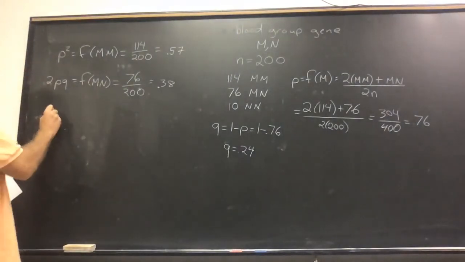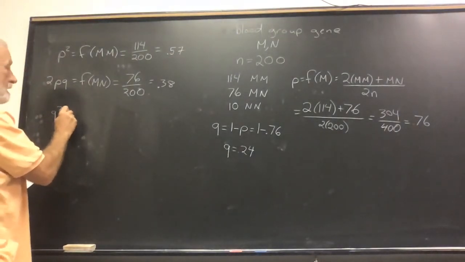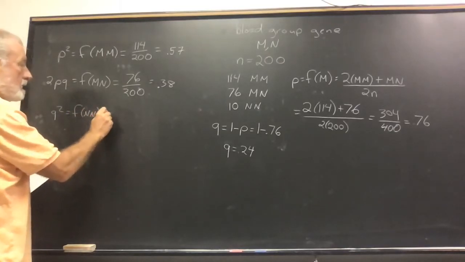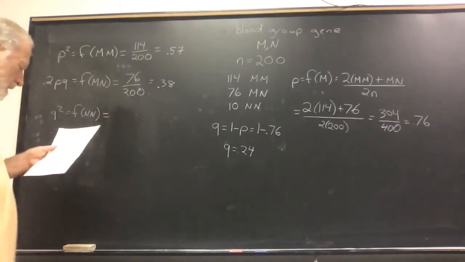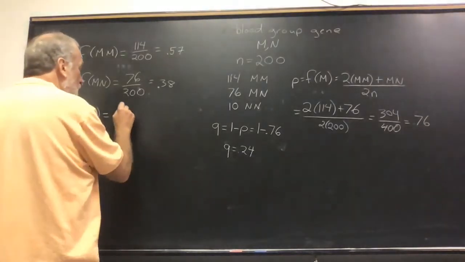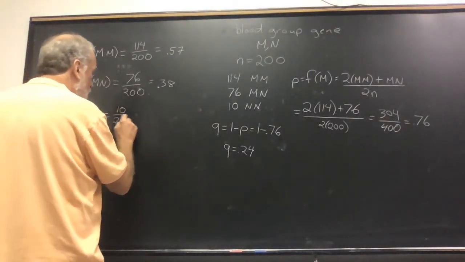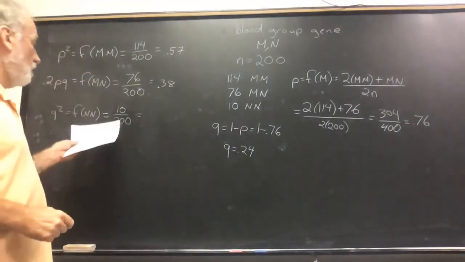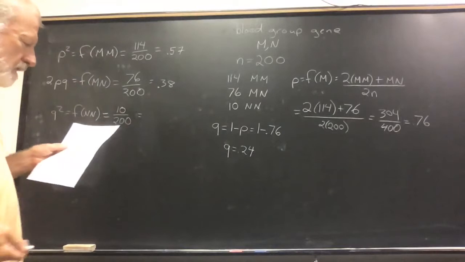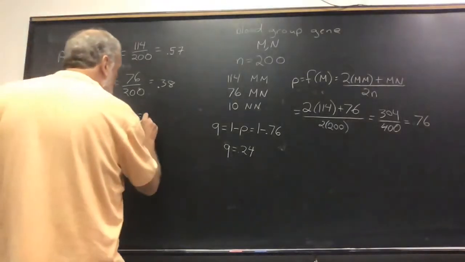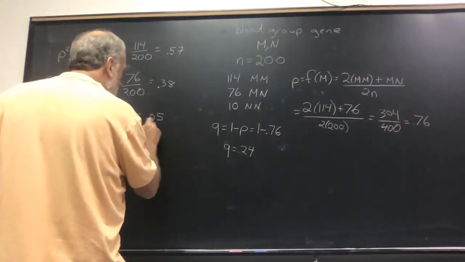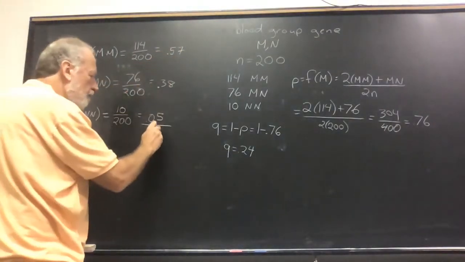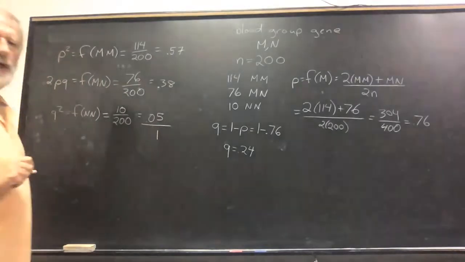And then, as you figured by now, Q squared equals the frequency of NN, and that's going to be 10 over 200. People with type N blood over 200 in the data set, and that gives us 0.05. And then to check ourselves, we add these 3 genotype frequencies together, and if we get 1, we know we've done it correctly.